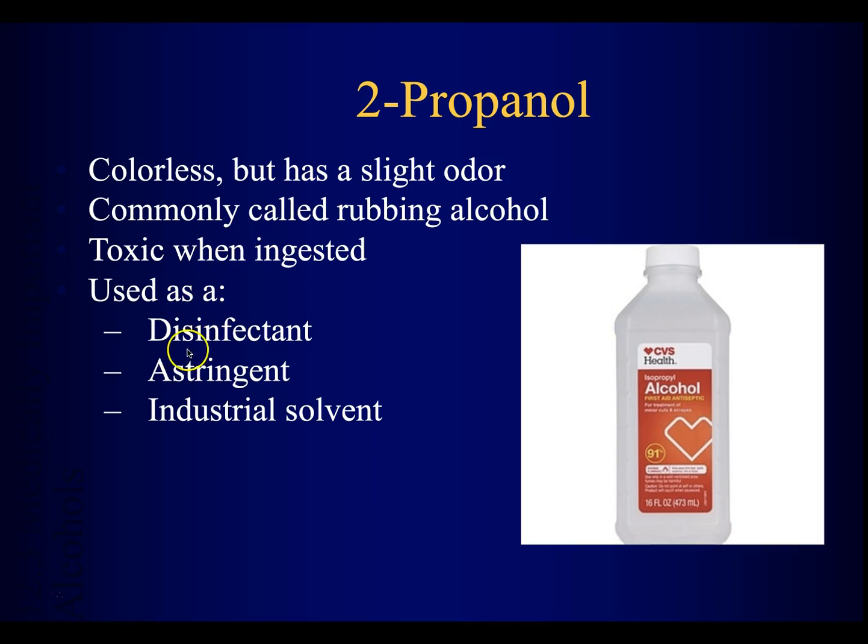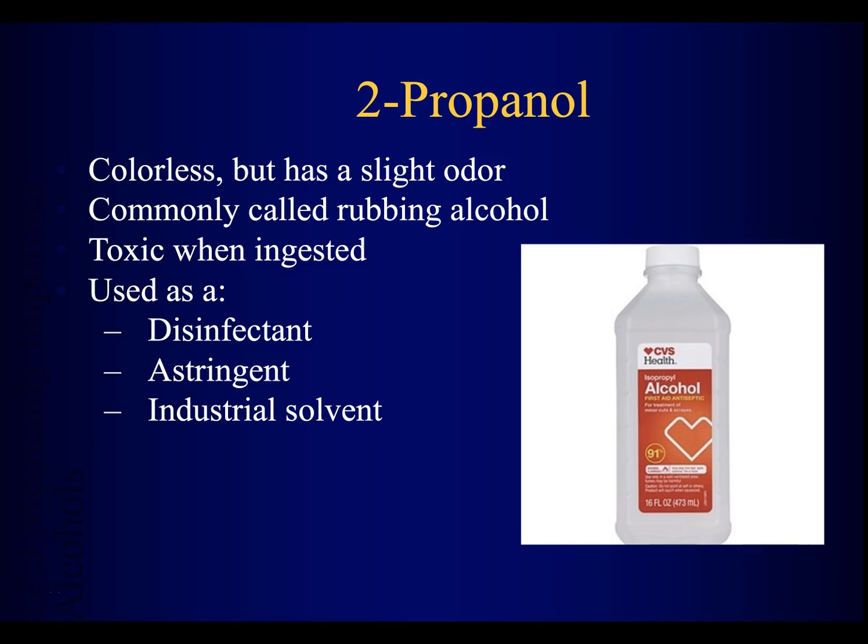But that is why it's a good disinfectant, astringent, and industrial solvent, is that it kills a bunch of stuff because really nothing knows how to deal with it. So all of our hand sanitizer that we're using right now, if it has the isopropyl alcohol in it, well, it breaks apart the DNA of just about anything, or cell walls, which is why it can be used as this disinfectant and astringent.